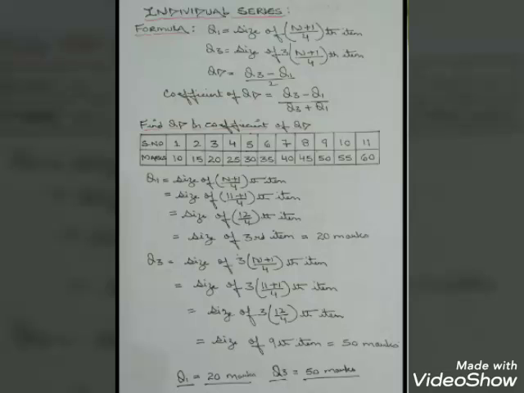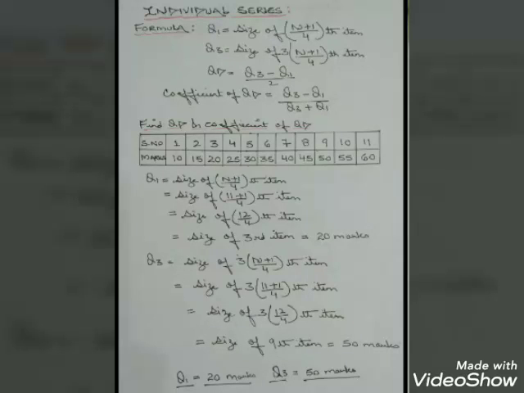Here n, the total in the serial number, is 11. So 11 plus 1 upon 4th item gives size of 12 upon 4, because 11 plus 1 is 12, and if you divide 12 by 4, 4 threes are 12. So size of third item.